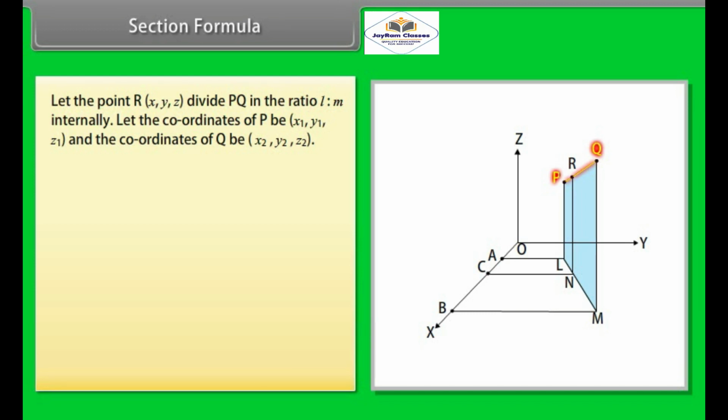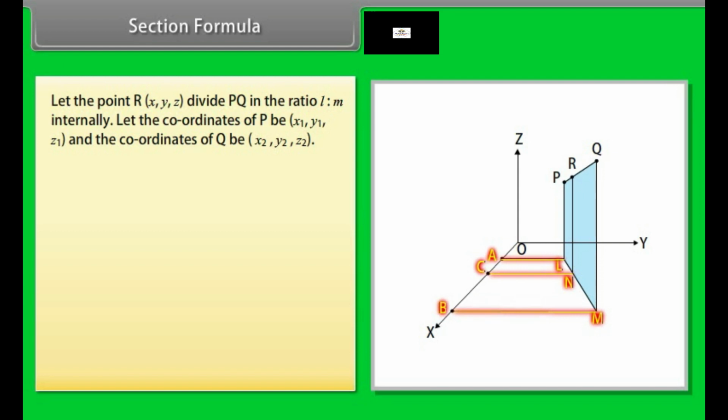From the points P, R and Q, draw PL, RN and QM perpendicular to the XY plane. Draw LA, NC and MB perpendicular to OX.